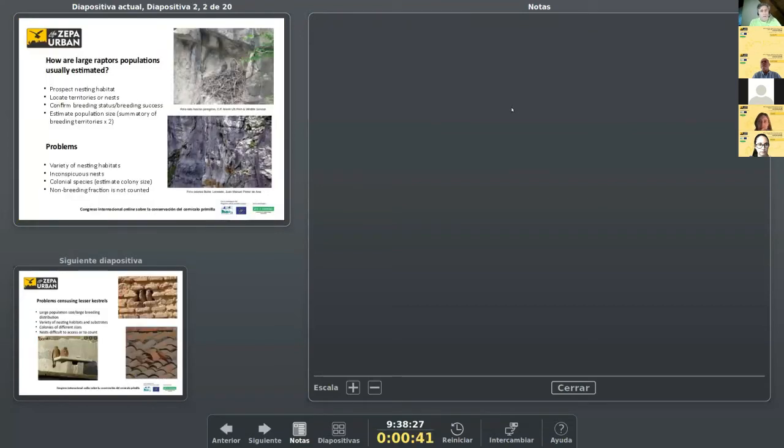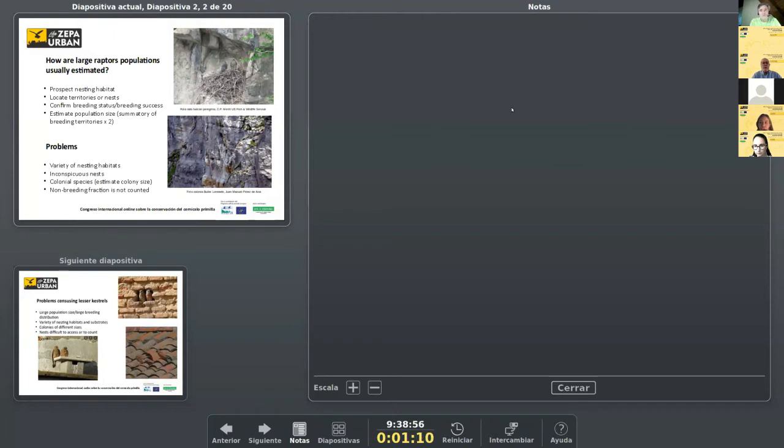Well, in general, how are large raptor populations usually estimated? The strategy is to prospect what is considered the nesting habitat, to locate the territories or the nests. You then confirm the breeding status or breeding success of the territories you find, and then you estimate the population size. The number of individuals would be just the number of territories times 2, considering that you usually have a breeding pair.